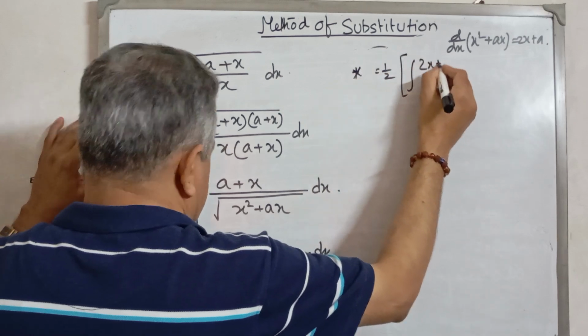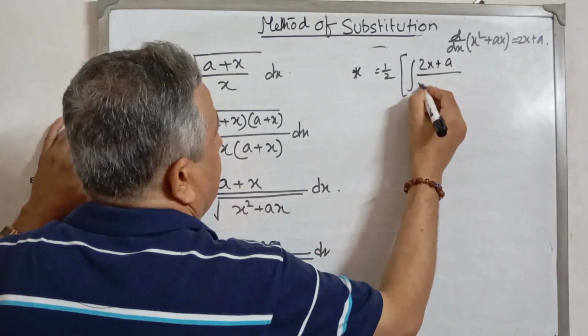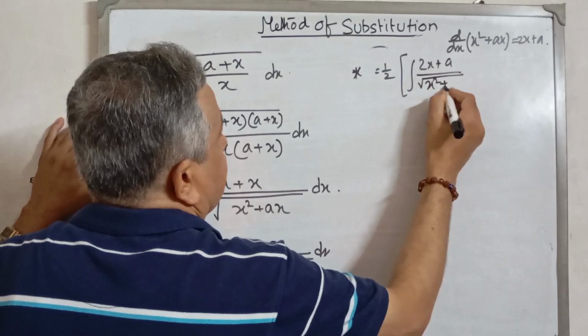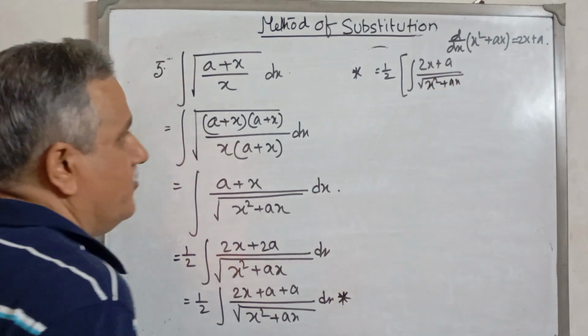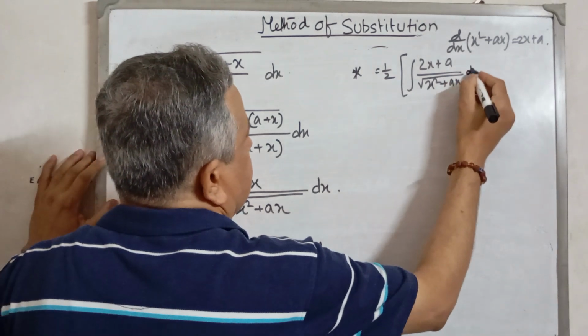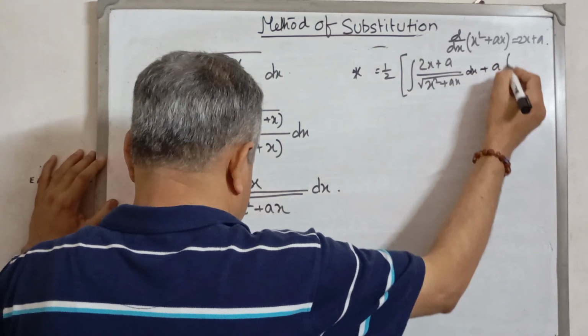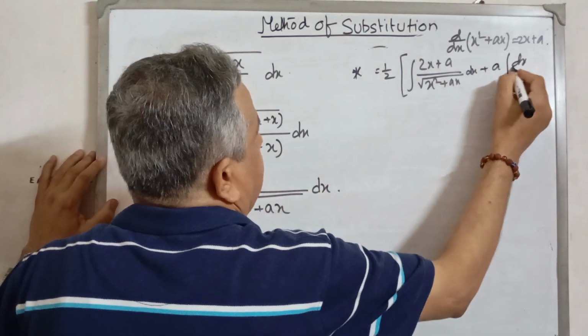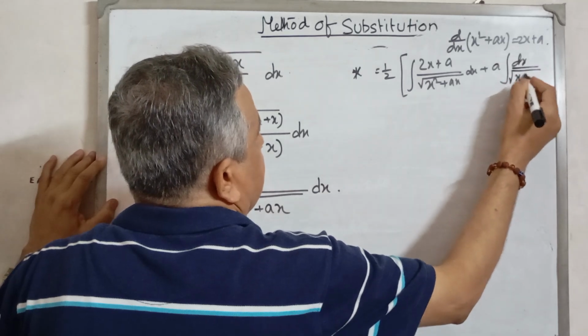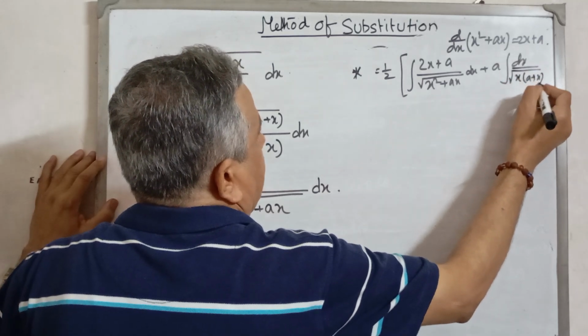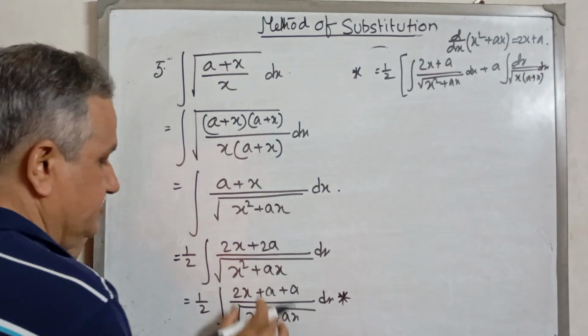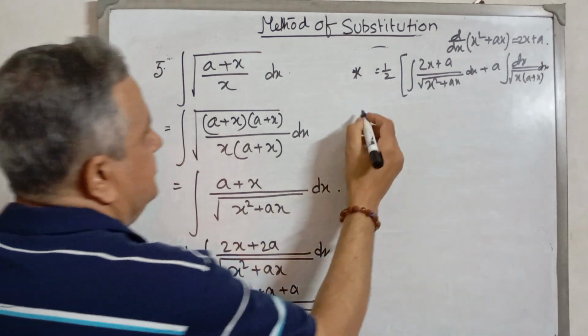Integration of 2x plus a by root over x square plus ax dx, plus a dx by root over x into a plus x dx. Just separate this part by this part and this part by this part.